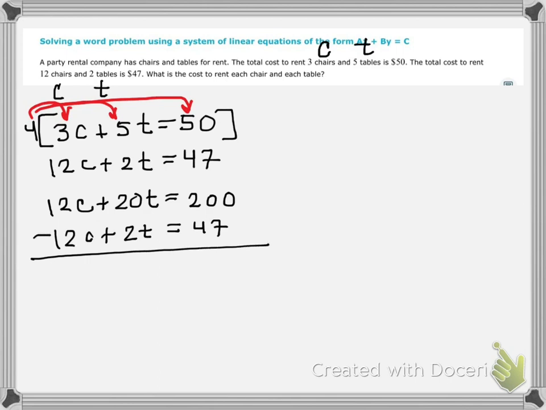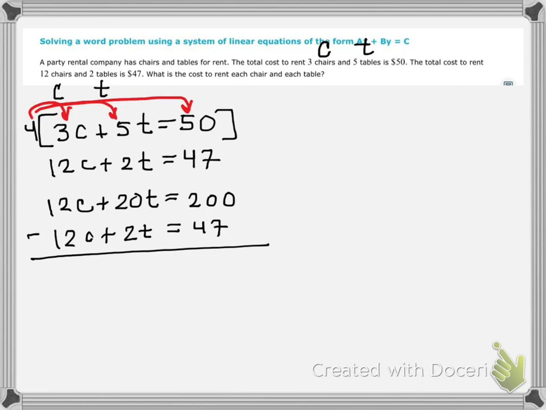And again, what I like to do, actually, is when I say subtract, I put parentheses around the second equation. And that reminds me that I have to distribute the subtraction. I have to subtract everything. It makes sure that I don't just subtract the 12c. So 12c, let me just show you.